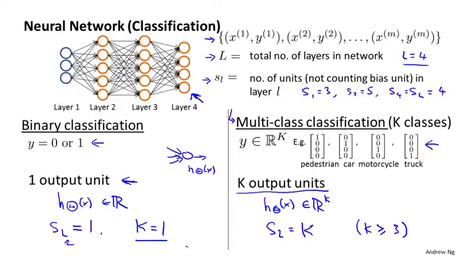We need to use the one-versus-all method only if we have K greater than or equal to 3 classes. So if we had only 2 classes, we would need to use only 1 output unit.